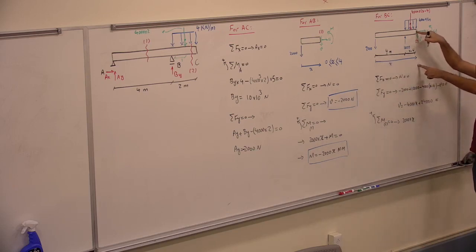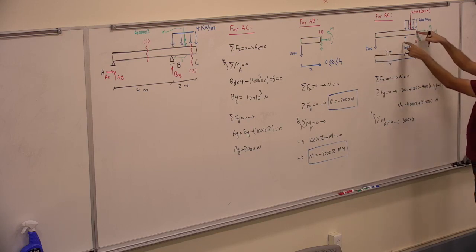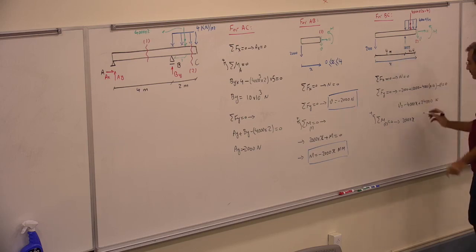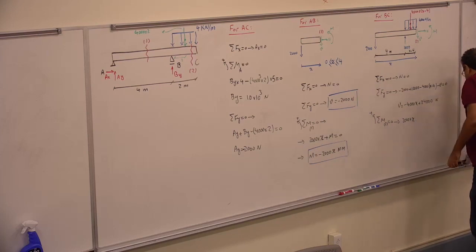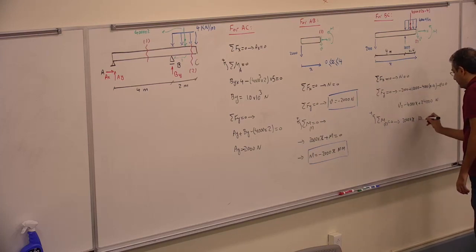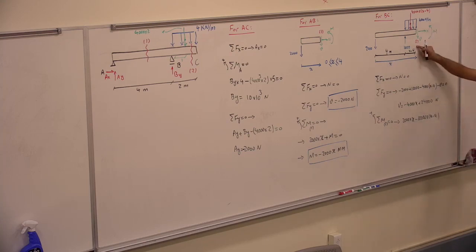Correct? 2,000 times x positive. 10,000 times, what's the arm for the 10,000? X minus 4. X minus 4. And it's going to be negative because I go clockwise.